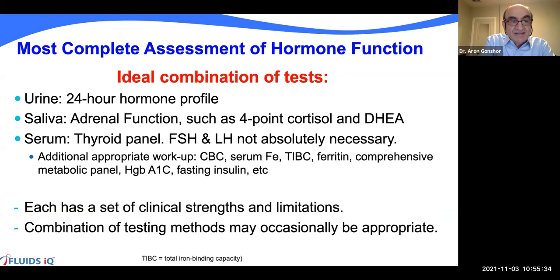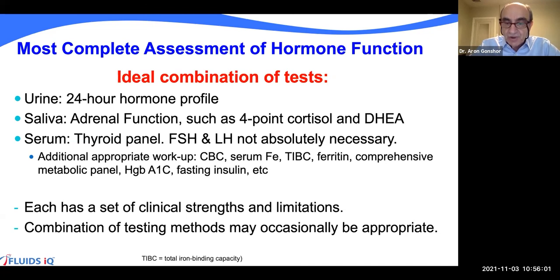So, therefore, to end this very quick overview, what would be an ideal combination of tests if you wanted to completely assess hormone function? Well, what I would suggest is a 24-hour hormone profile if you were in the business of wanting to know what is going on with the hormone and its metabolites.